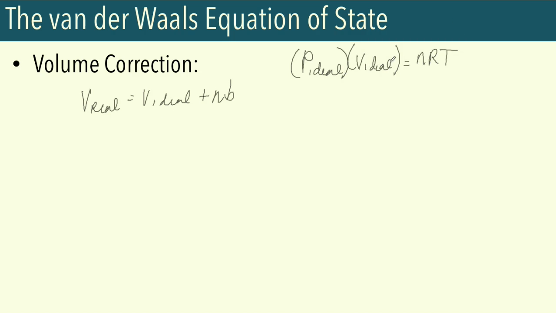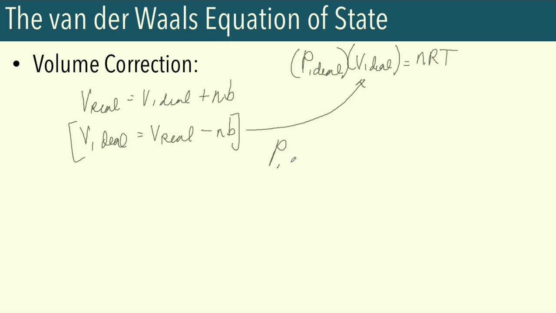So we need to get an expression for our ideal volume. That's why we should rearrange this. V ideal is equal to V real minus nB. Let's replace this expression in the ideal gas equation.